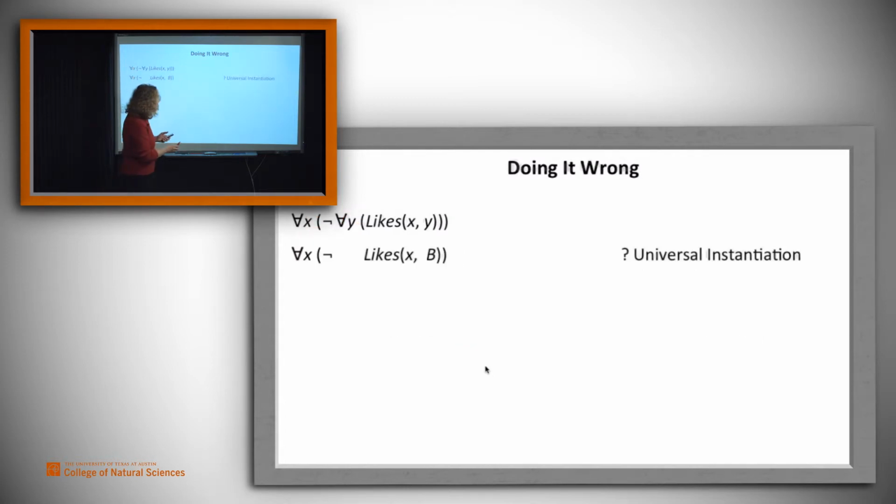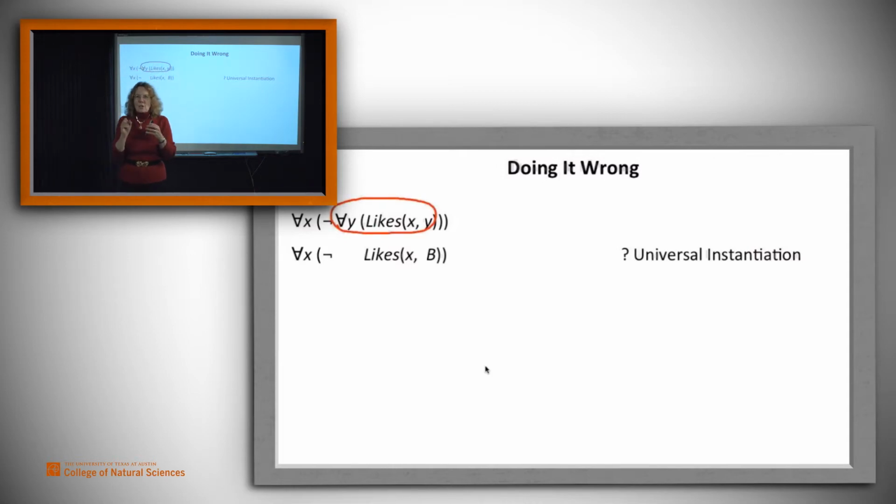Fine. Now let's see what happens if, on the other hand, we do it wrong. So we're going to start over. We have, for all x, it's not the case that everything is liked. Now let's do major surgery. What we're going to do here is reach down inside this expression and do a transplant.